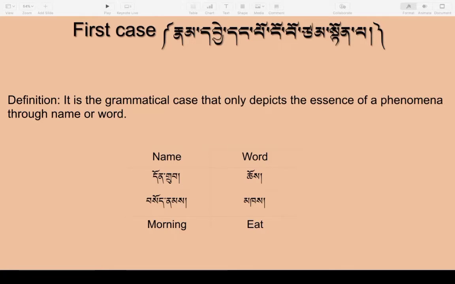And this function that happens each time we talk about a different aspect of 特戏 is because of the first case, 我怎么办, depicting the nature only. So nature in the form of name, nature or essence in the form of action, or nature or essence only in the form of description. So this is the function of the first case.